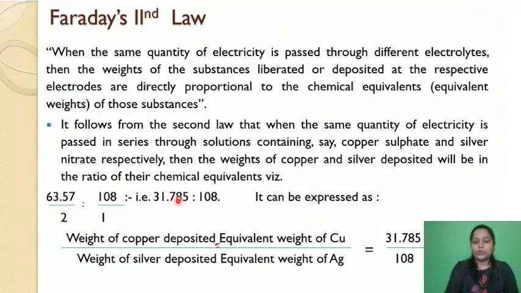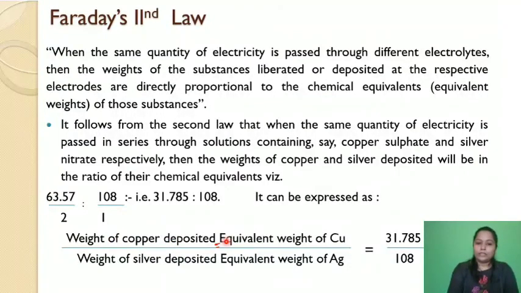So when the same quantity of electricity is passed through a solution of copper sulfate and silver nitrate, the amount of copper and silver deposited is directly proportional to the ratio of their chemical equivalents. It can be expressed as weight of copper deposited upon weight of silver deposited.